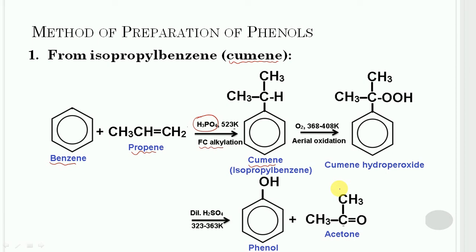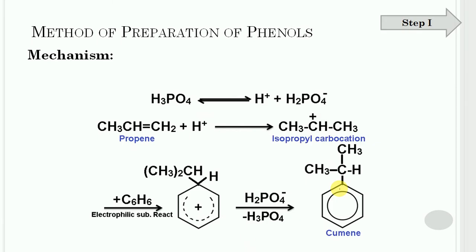It comprises three major reactions. The first reaction involves Friedel-Crafts alkylation, in which the isopropyl carbocation generated by the addition of a proton to propene attacks the benzene ring to form cumene. So let us consider it.